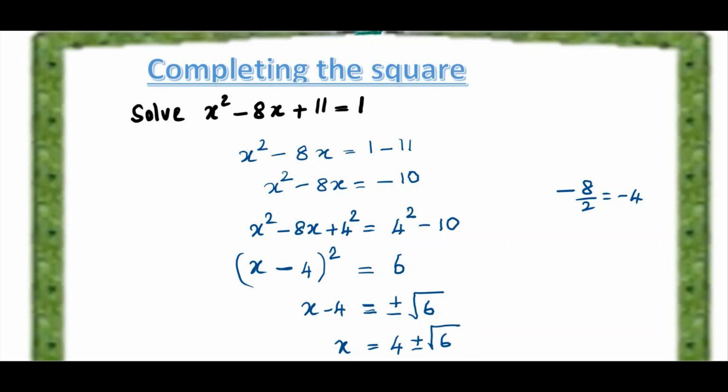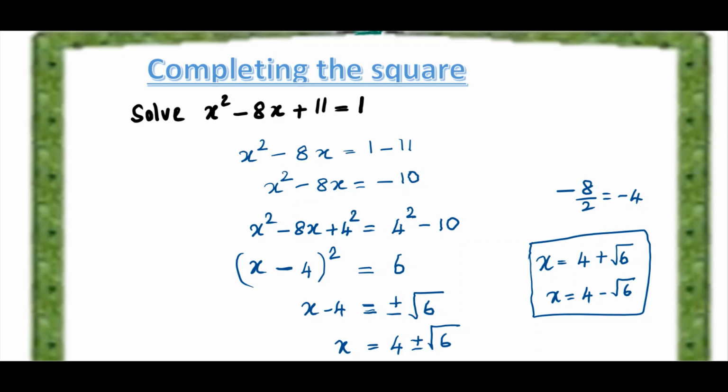So here x equal to 4 plus square root of 6 and x equal to 4 minus square root of 6 are the two solutions. So in this way, we can find a solution for a quadratic equation by completing the square method.